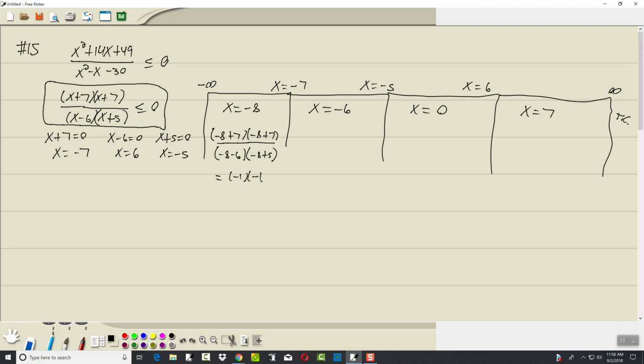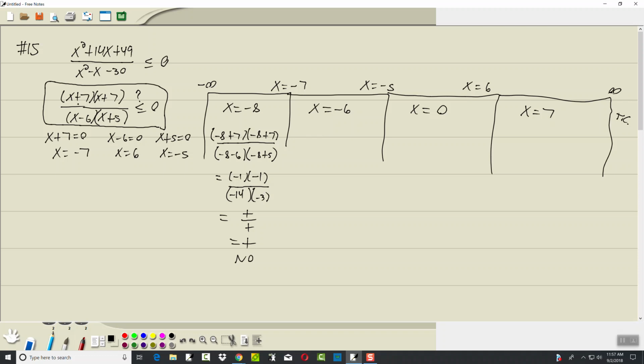Negative 8 minus 6 is negative 14. Negative 8 plus 5 is negative 3. Now a negative times a negative is a positive, and negative times a negative is positive here. And a positive divided by positive is positive. Now the question is whether these are less than or equal to 0. Well, less than 0 means negative. This is positive, so this is not part of our answer. So from negative infinity to negative 7 is not part of our answer.